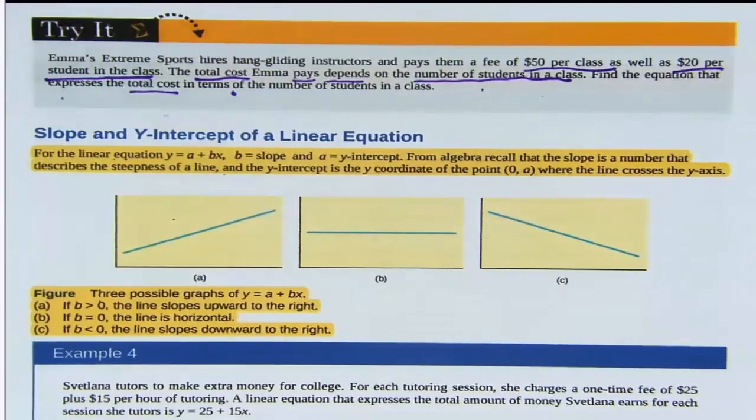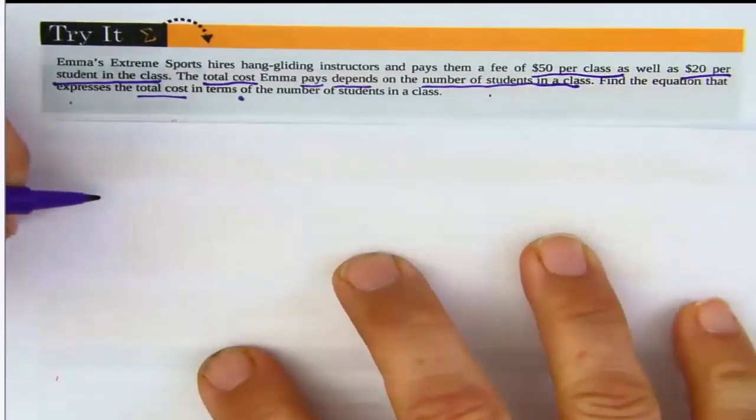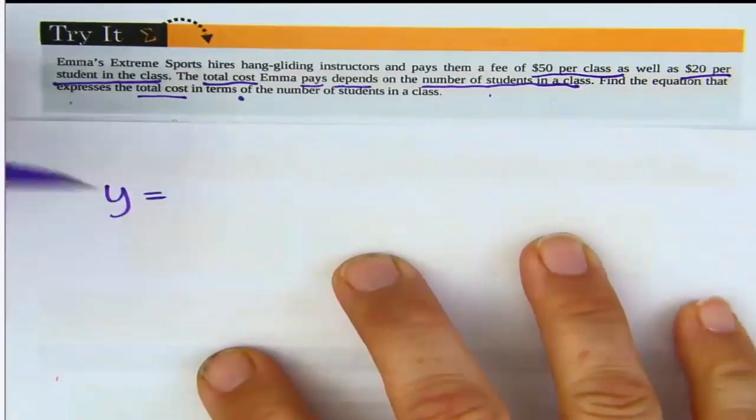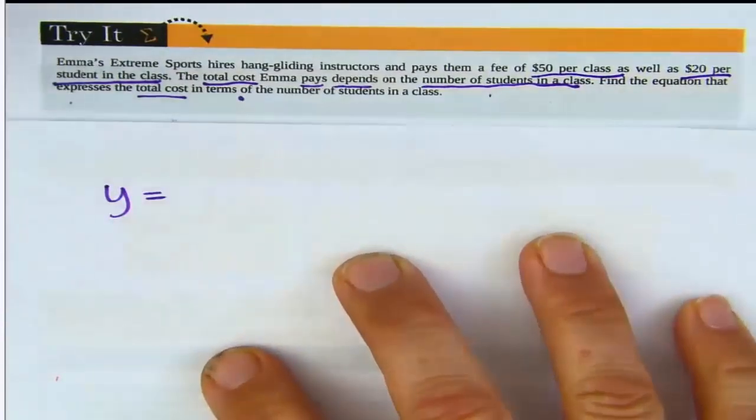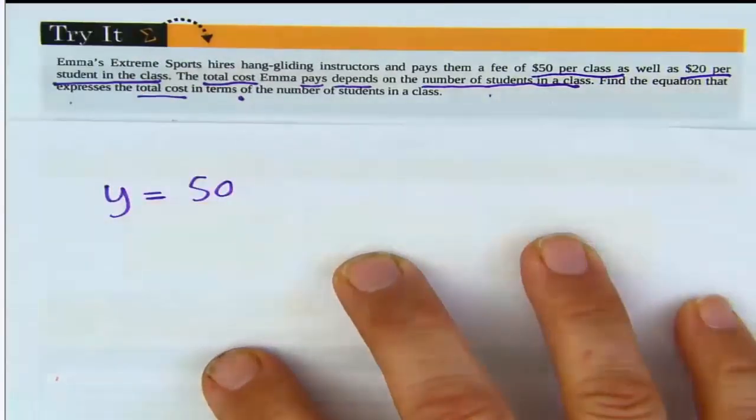So the equation here, the y value ought to be the amount that Emma is paying to an instructor. And of course, that is going to depend on the number of students in the class, and then plus the flat fee here. So quick answer is y equals $50, which would be your fixed cost.